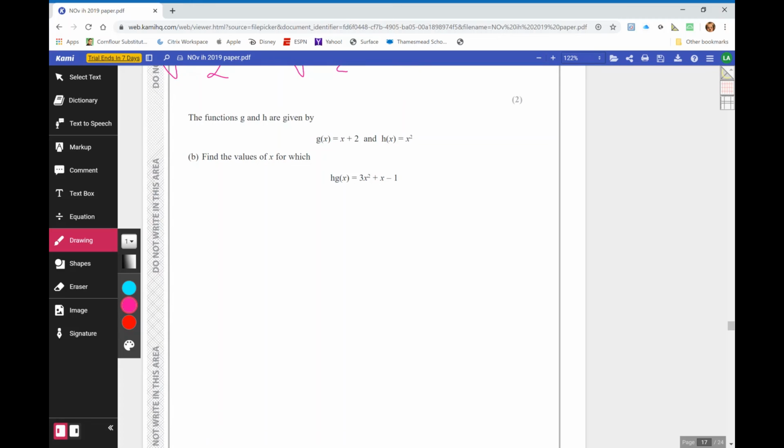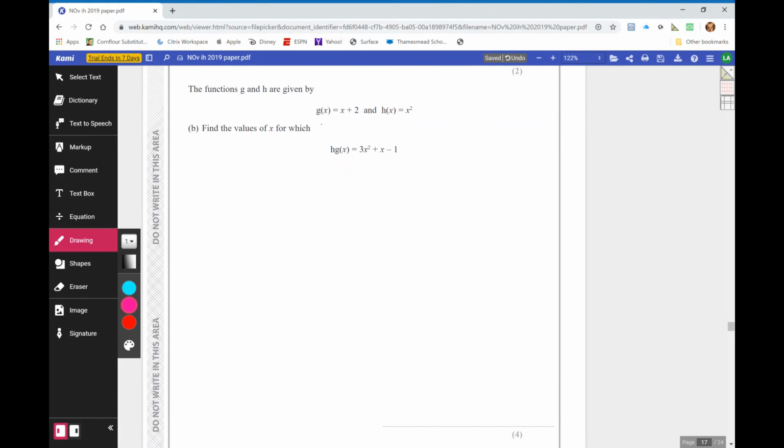Okay, the function h is actually given by, so you've got 2 functions now. Find the values of x for which hg(x) equals 3x squared plus x minus 1. So what you need to do, hg is kind of putting g into h. So putting g into h means that this here is going to be put into the x of h.